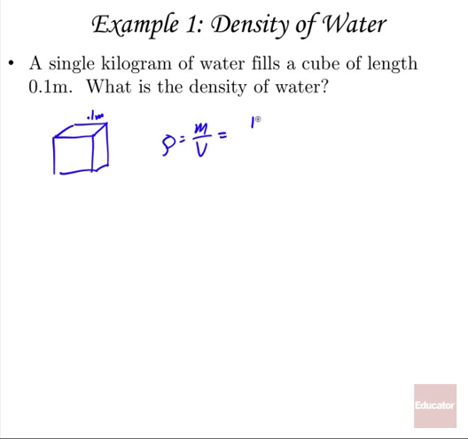So that's going to be 1 kilogram, and the volume of a cube, length times width times height, is going to be 0.1 meter times 0.1 meter times 0.1 meter for a total of 1,000 kilograms per cubic meter. That's probably a good one to remember. Density of fresh water, 1,000 kilograms per meter cubed.